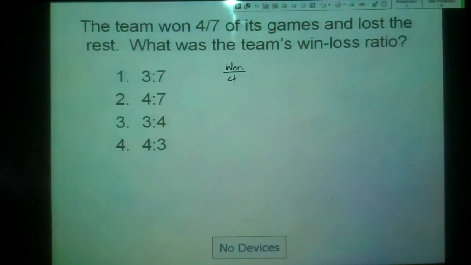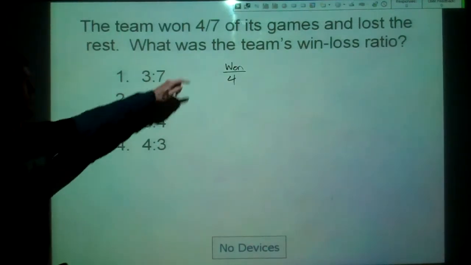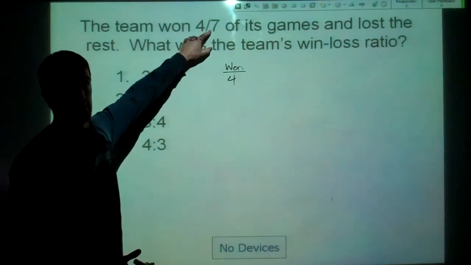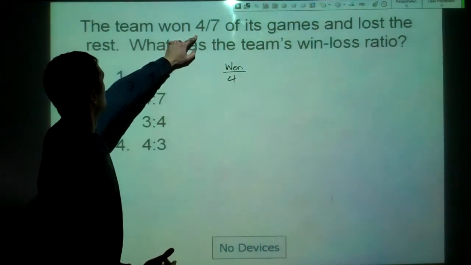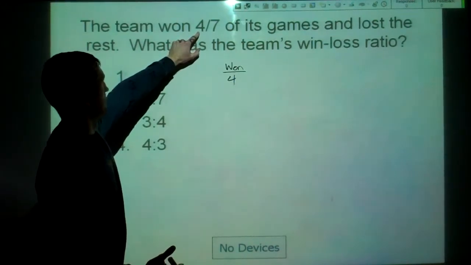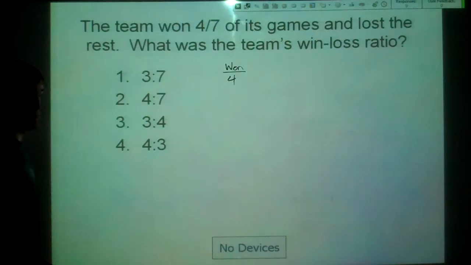in the ratio format we know that they played 7. This doesn't mean that they played 7 games. It does mean that whatever fraction there was, it could have, so let's say they won 16 games total.